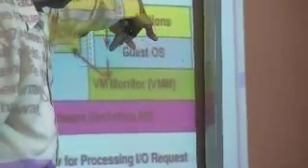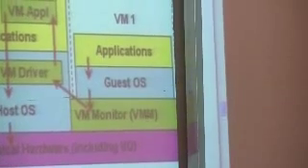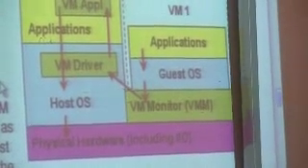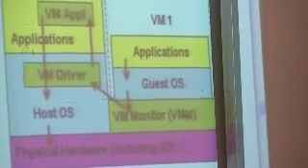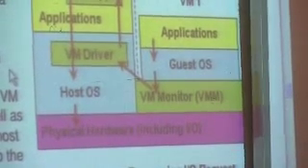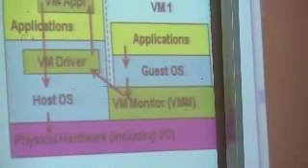So it goes through the guest operating system. By the way, I didn't introduce the term, but you should be familiar by now. The operating system running on the virtual machine is called the guest operating system, and the operating system running on the host machine is called the host operating system. That should be straightforward terminology.